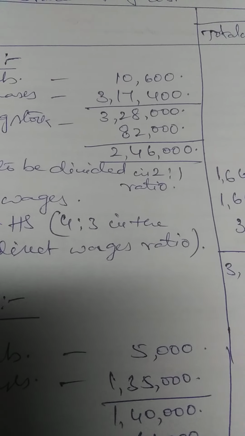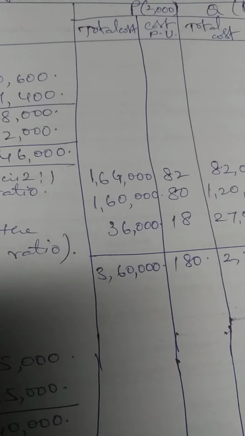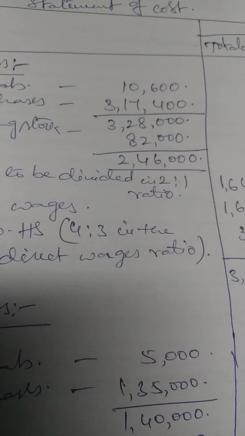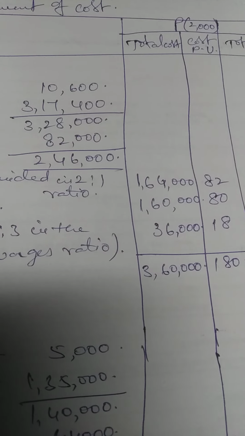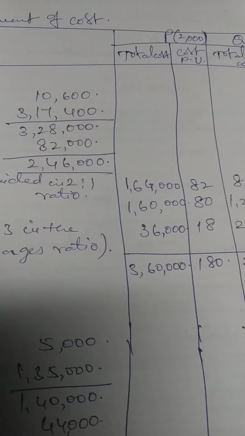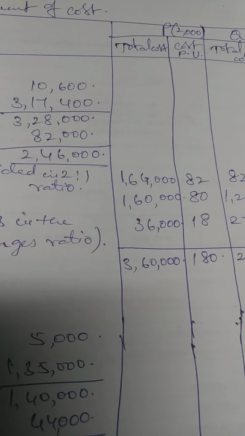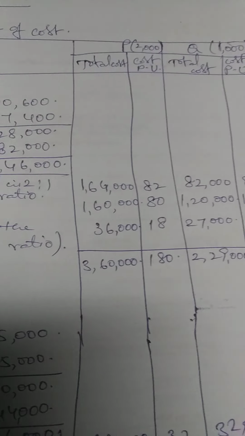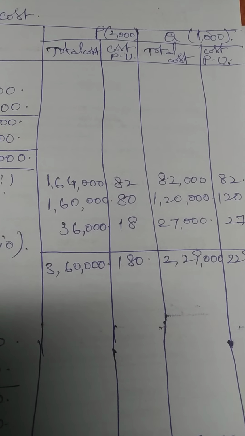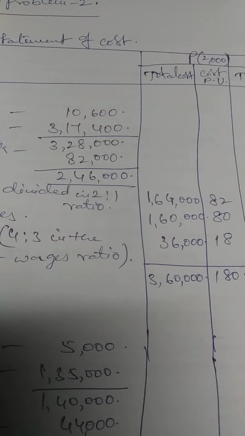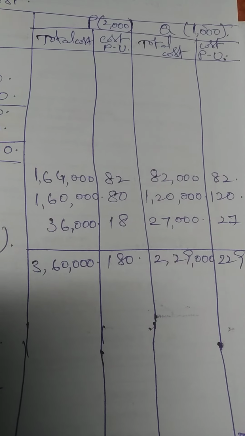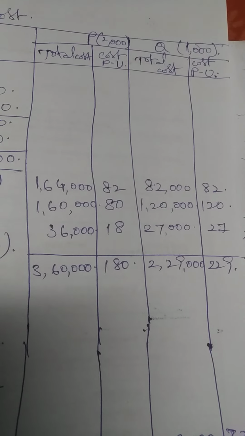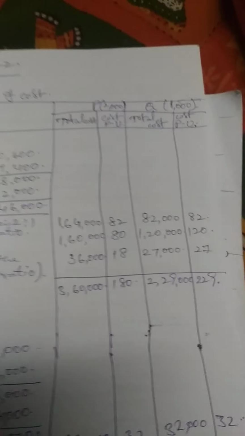So allocate 2,46,000 in 2:1 ratio. So 2,46,000 into 2 by 3, that is 1,64,000. And per unit is 1,64,000 divided by 2,000, that is 82. And coming to Q, 2,46,000 into 1 by 3, that is 82,000. And per unit cost is, because Q is produced 1000 units, it is 82 rupees.